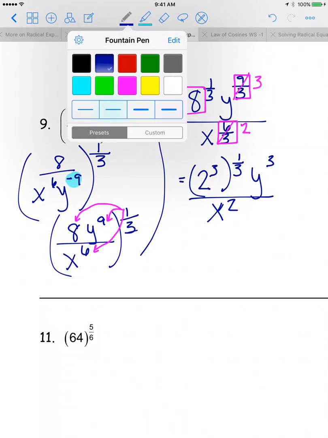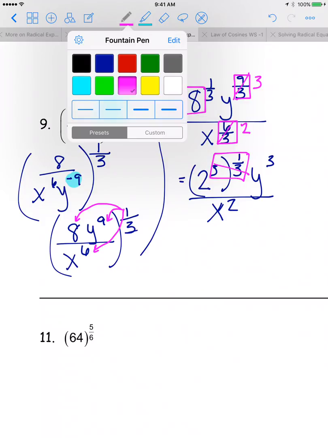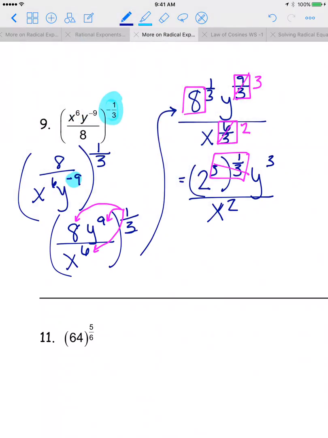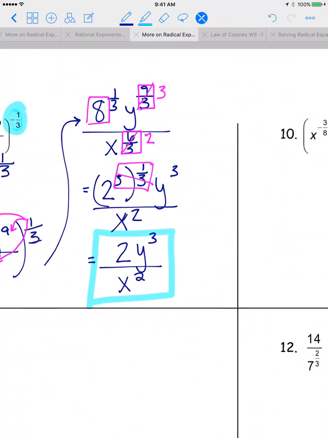Now, when you're raising a power to another power, you multiply those together. 3 times 1/3 cancels out and just becomes 1. So our final answer is going to be 2y to the 3rd over x squared. And then we're done. Okay, number 10. Let's look at that one.